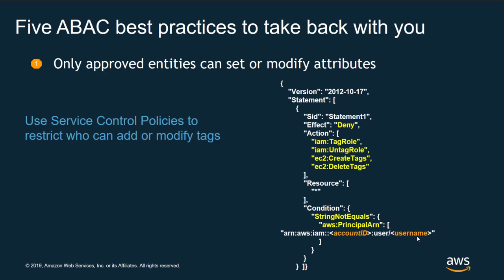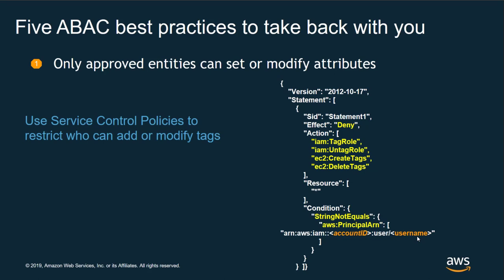So here's a sample service control policy which I created. You can apply it to your account or an OU or an organization. And you can basically say that only a specific individual or individuals get permissions to modify those tags. Everybody else is denied.